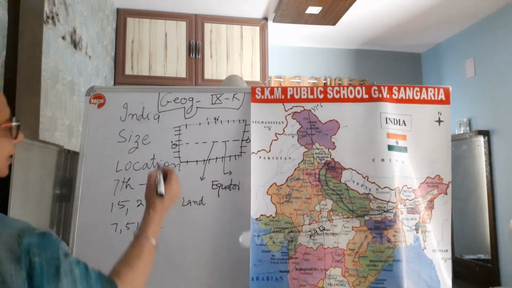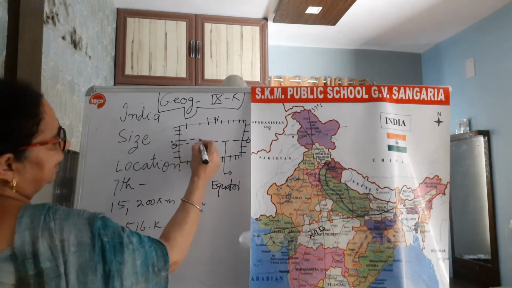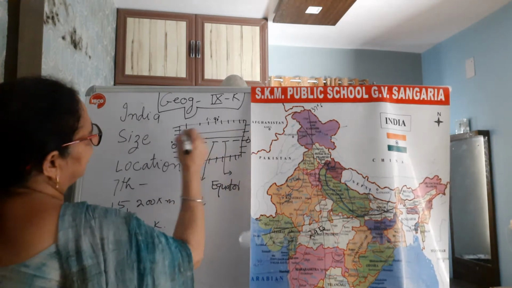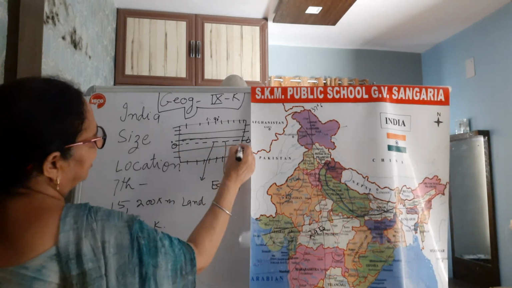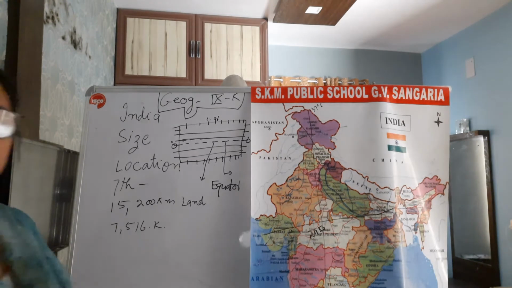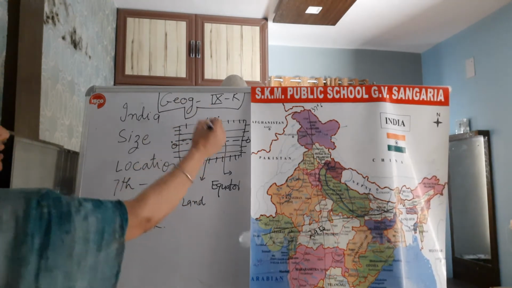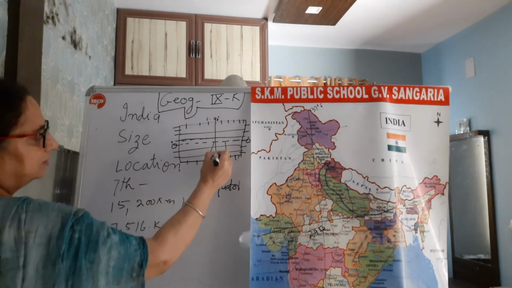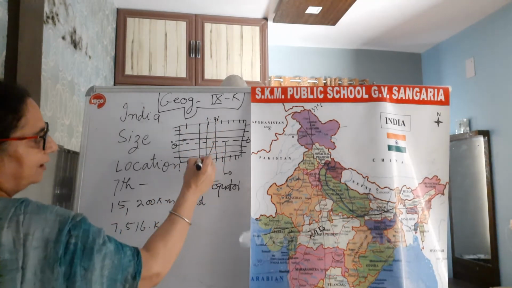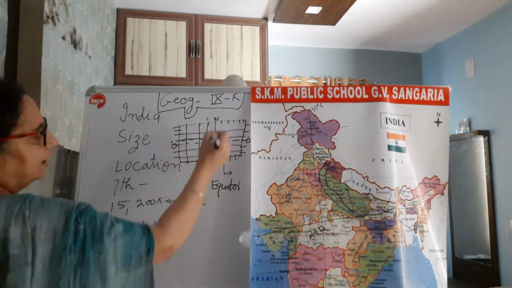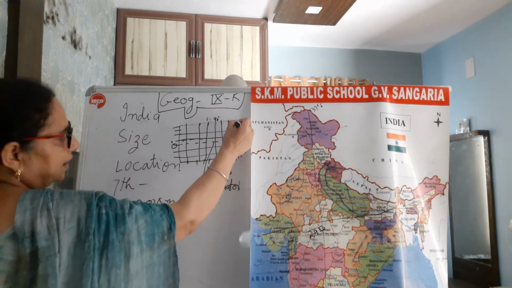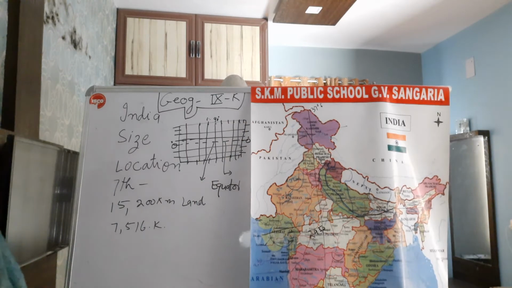The imaginary lines that are drawn on a map or globe in this way are the latitudinal lines. Got it? And the lines that are drawn vertically, these lines are longitudes.